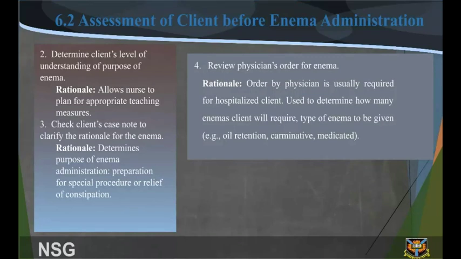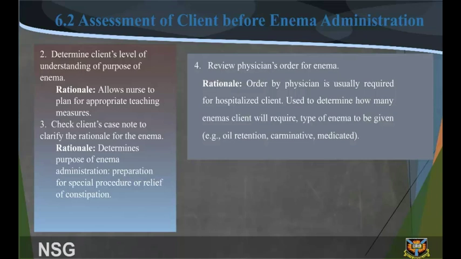2. Determine client's level of understanding of purpose of enema. Rationale: allows nurse to plan for appropriate teaching measure. 3. Check client's case notes to clarify the rationale for the enema. Rationale: determines purpose of enema administration, preparation for special procedure, or relief of constipation. 4.